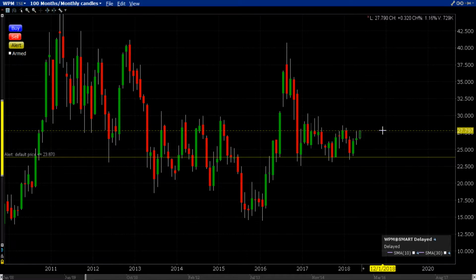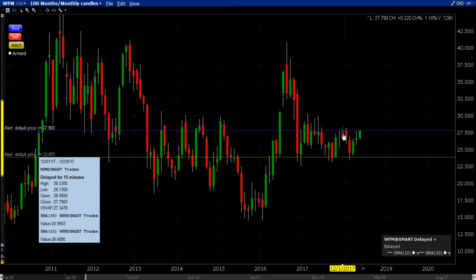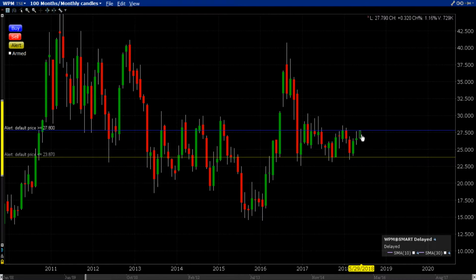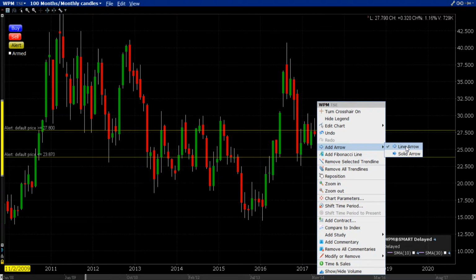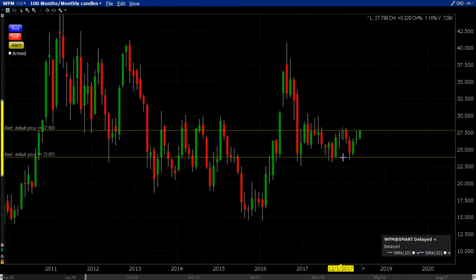Okay, multiple levels. Right now, I had an alert and we're smack on the breakout line. Close 27.79. We're smack right there on the breakout line. So this is our monthly candle.